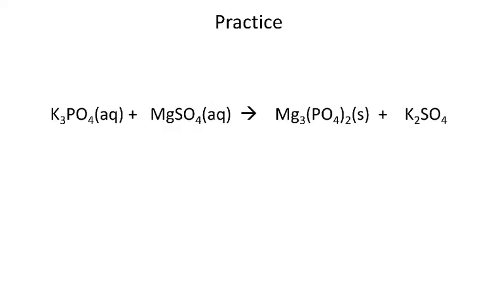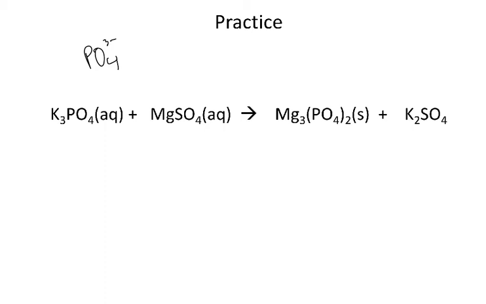Okay, here's another one, and this is what I was talking about with the polyatomic ions. Right, so I have a phosphate on the reactants, I have phosphates in the products, I have sulfates in the reactants, and sulfates in the products. And so rather than treating this as a phosphorus and 4 oxygens, I'm going to just treat it as the whole thing together, right? I put the charge there.